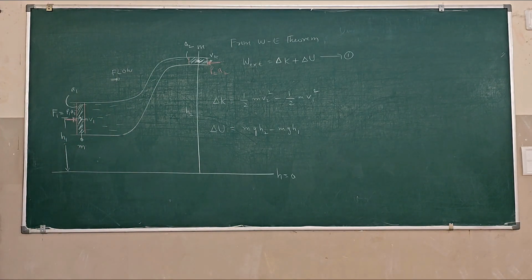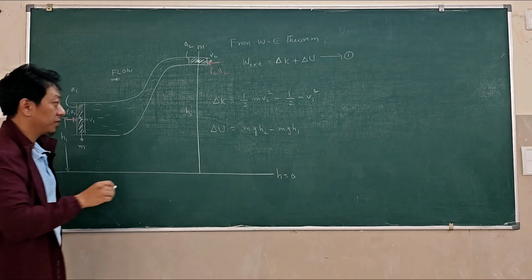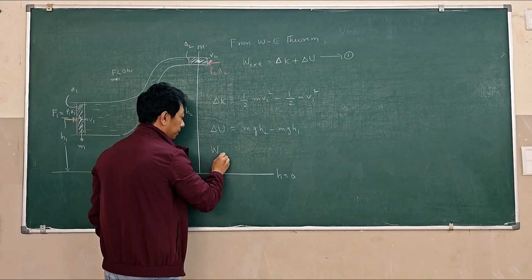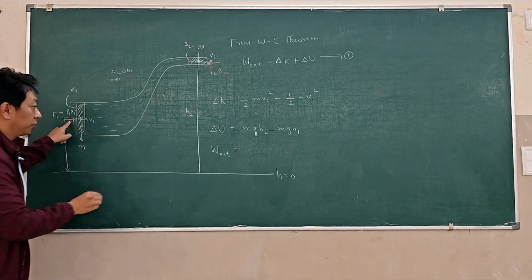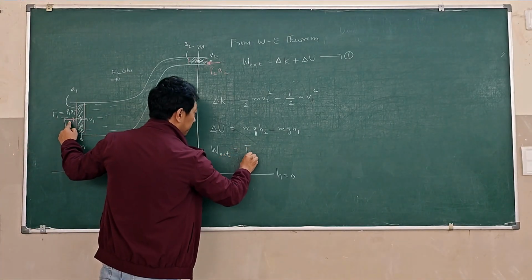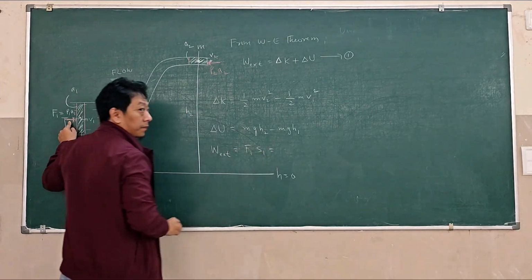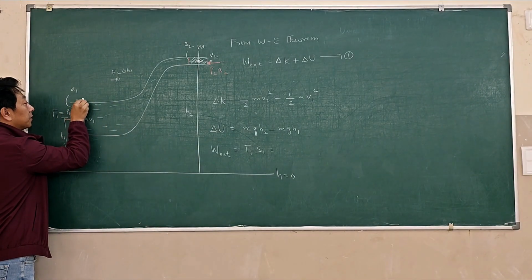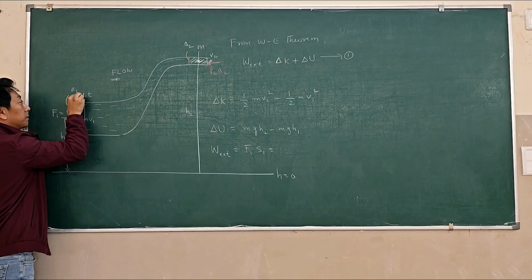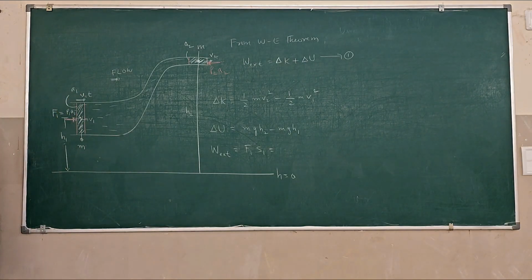So now let us calculate the work done by the pressure force. What is the work done by this pressure force? Force into displacement. What is the displacement here in time t? V1t. So what will be the work done?